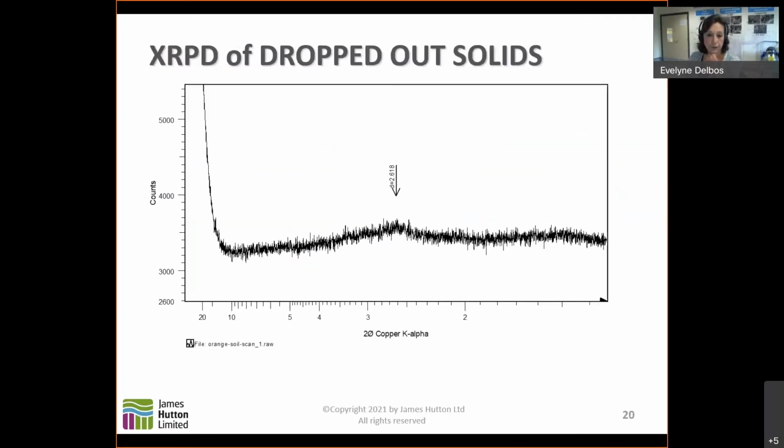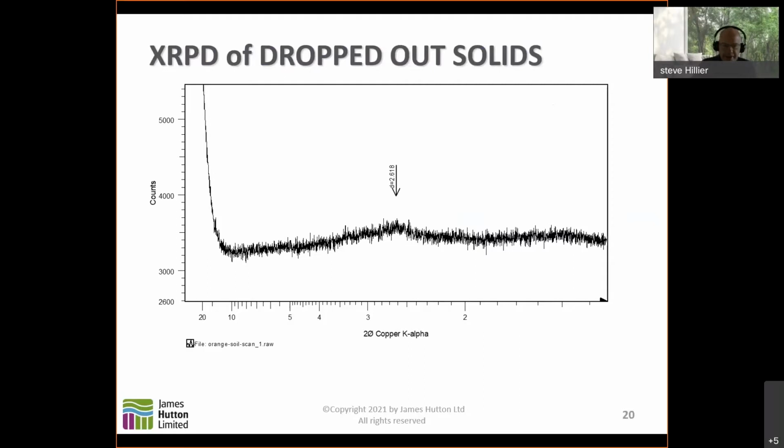Yeah, thank you. Well, I think for this particular diffraction pattern, probably about 0.5 gram of the dried solid was placed into a cavity holder, in contrast to the milligrams that we were looking at on the filter. But in this particular case, there are no distinct sharp peaks at all in the pattern. All we can see are two kind of broad scattering maxima, one of them centered there at a d-spacing in angstroms of about 2.6.